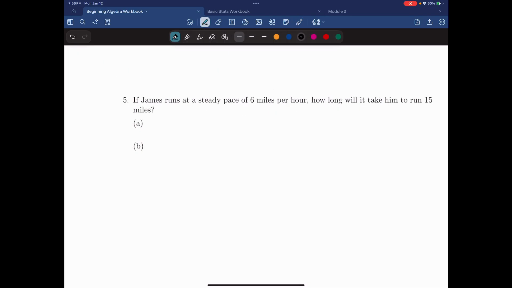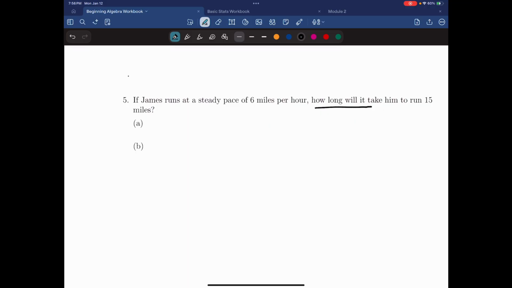For number 5, we have: if James runs at the steady pace of 6 miles per hour, how long will it take him to run 15 miles? What do we want to know? We want to know how long, the time. How long exactly will it take him to run 15 miles?